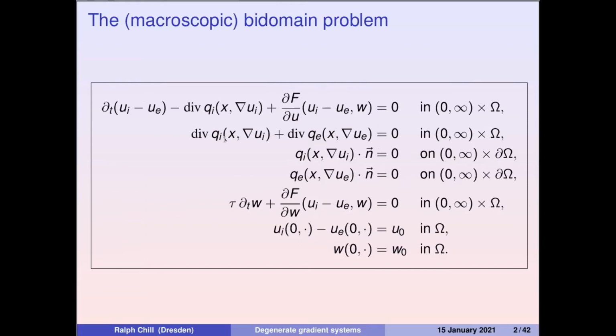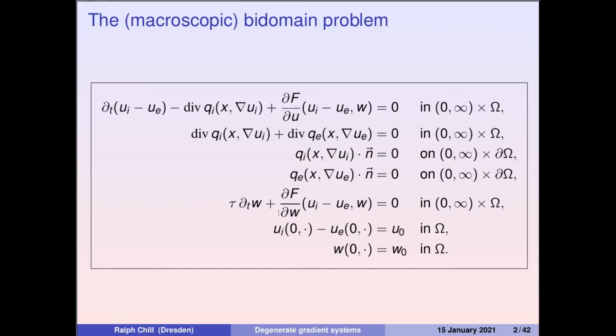Then there are some Neumann boundary conditions, not so important. And actually, this model is then also coupled. There's a third variable w here, and that's an ODE. So the above system is coupled with an ODE.